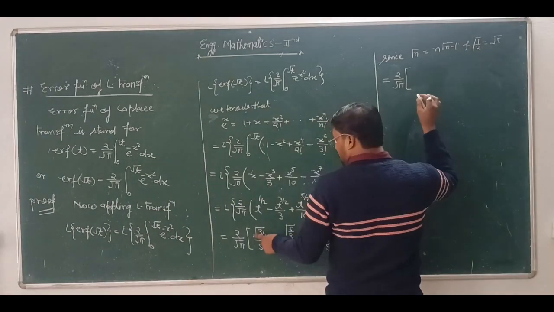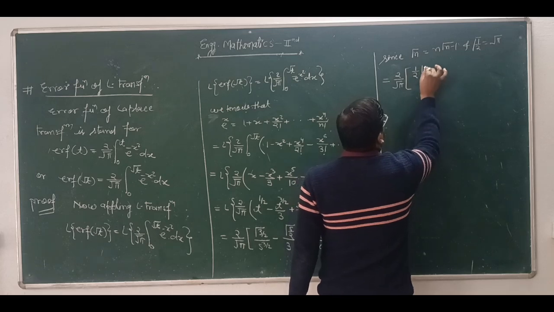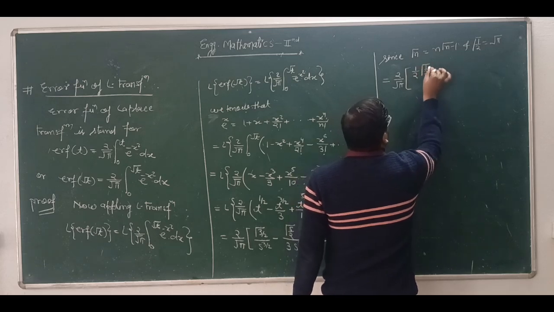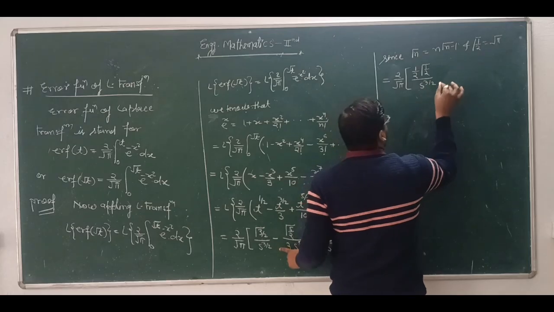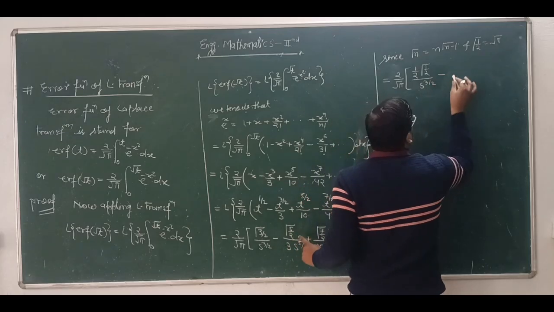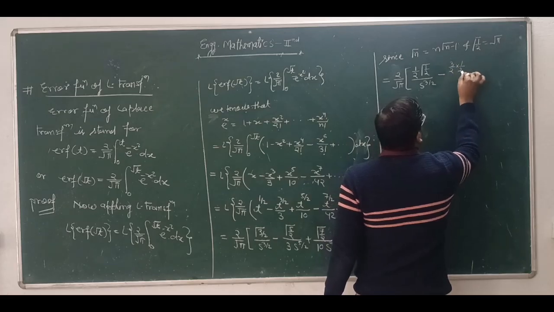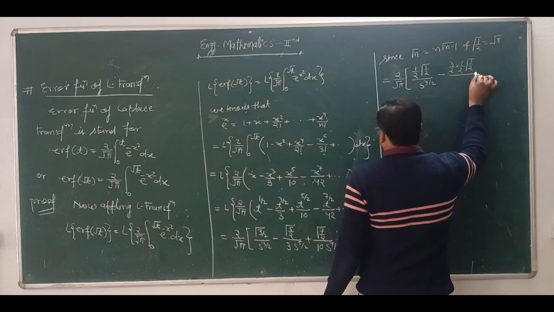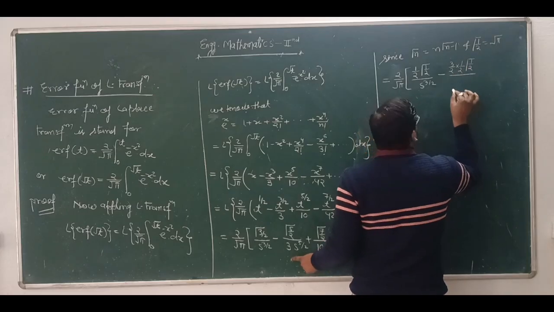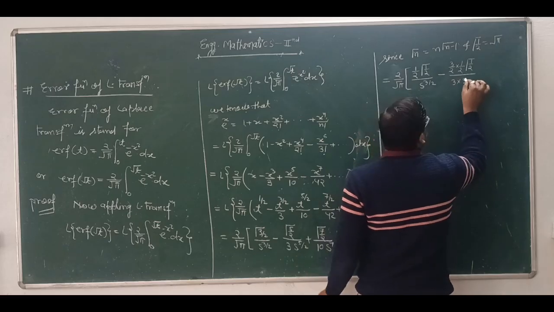Now open gamma 3 by 2, it means 1 by 2 gamma 1 by 2, total upon s to the power 3 by 2. Now minus, open gamma 5 by 2, that is 3 by 2 into 1 by 2 into gamma 1 by 2, total upon 3 into s to the power 5 by 2.